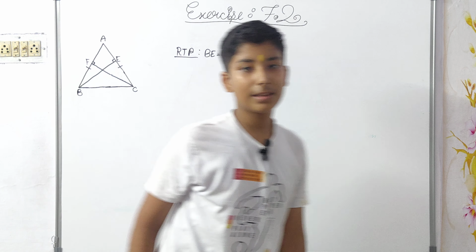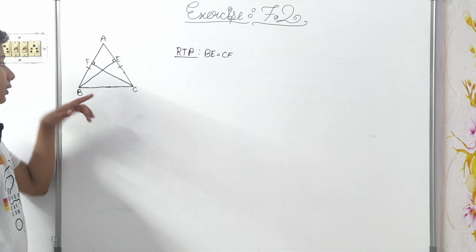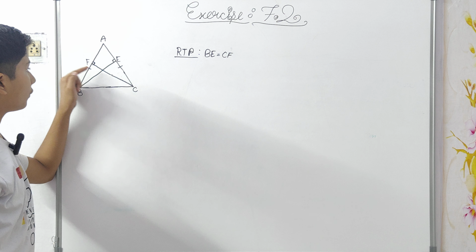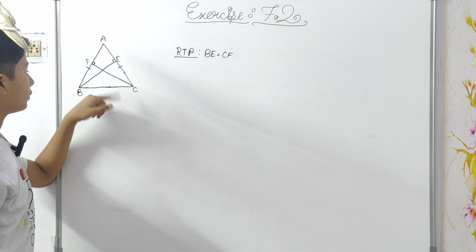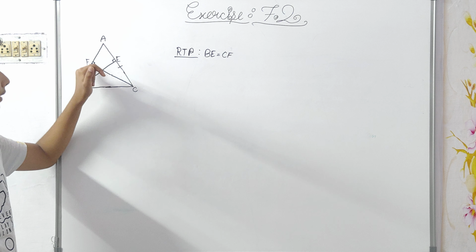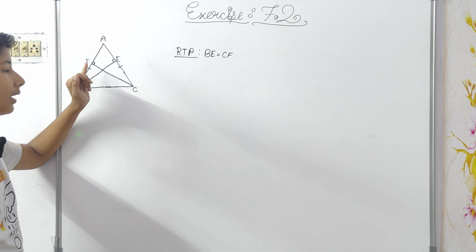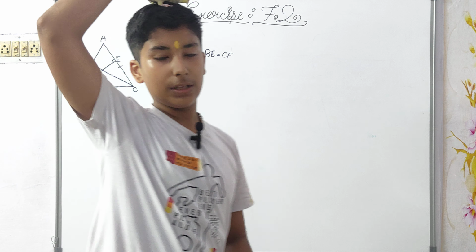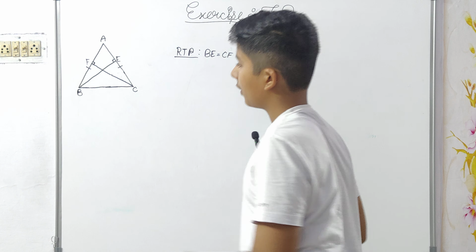So friends, now this is our last question. If we see, we have to prove that BE equals CF, meaning this altitude which is forming 90 degrees here and this altitude which is forming 90 degrees here are equal. We have to prove this. What is given?